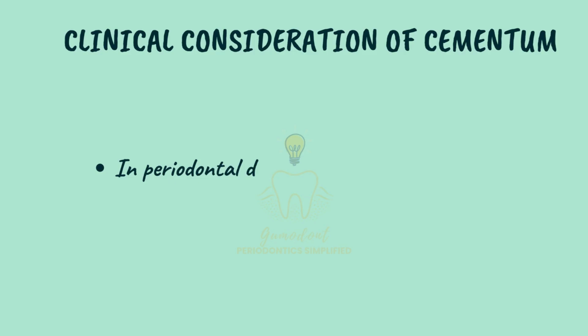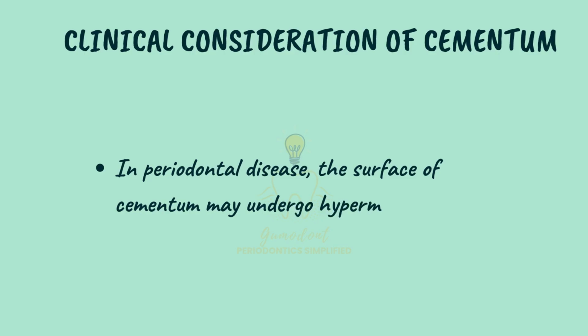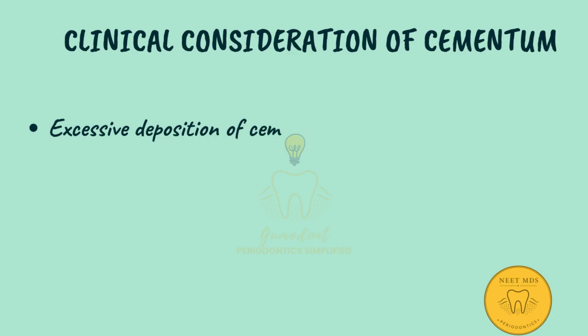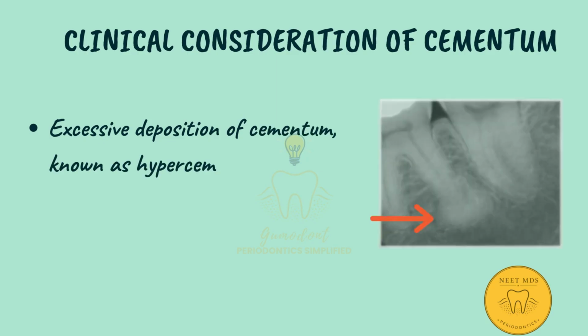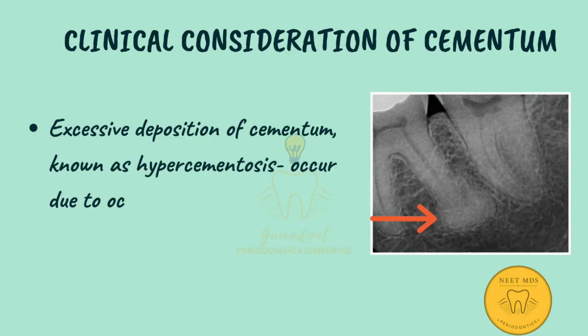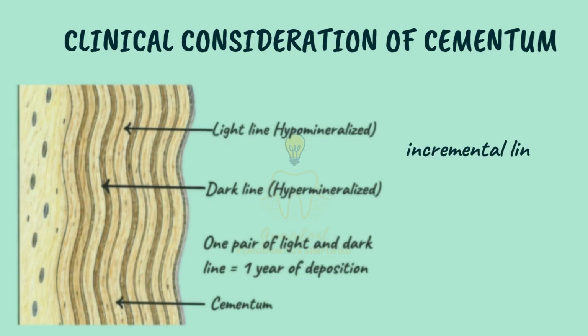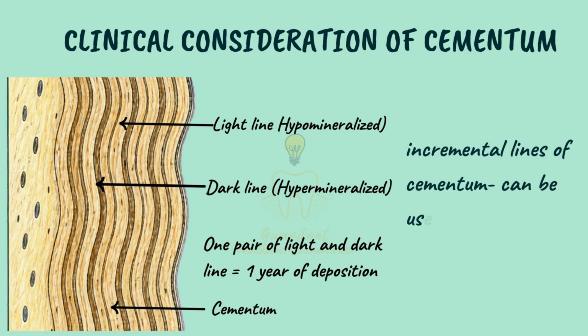Also, in periodontal disease, the surface of cementum may undergo hypermineralization. Additionally, excessive deposition of cementum, known as hypercementosis, may occur due to occlusal stress or inflammation and can make extraction difficult. Finally, the incremental lines of cementum can be used in forensic age estimation.